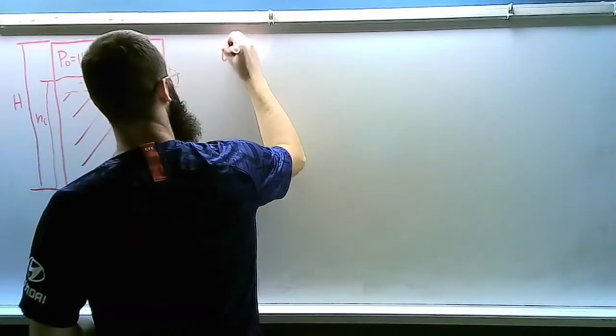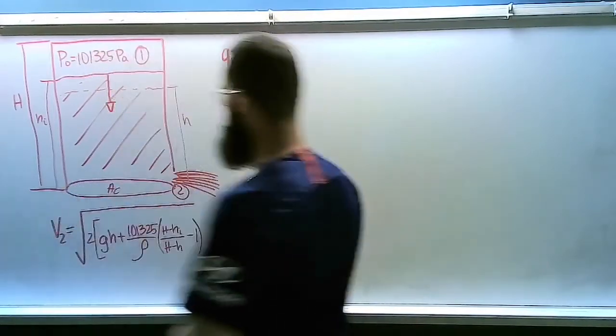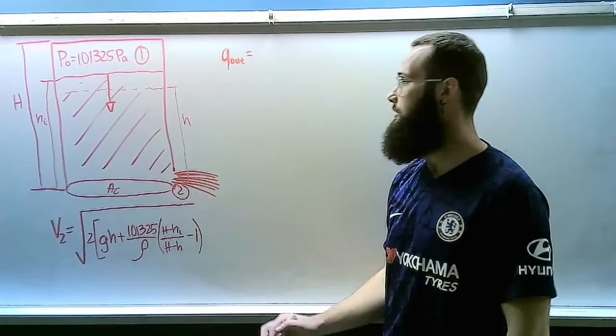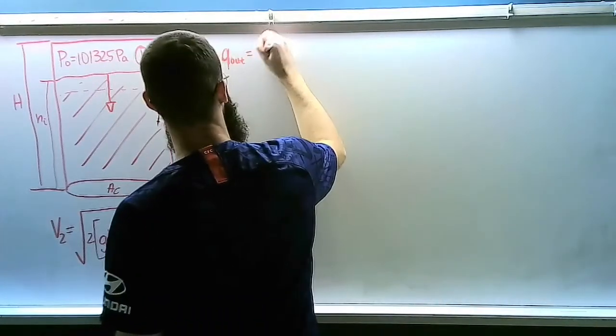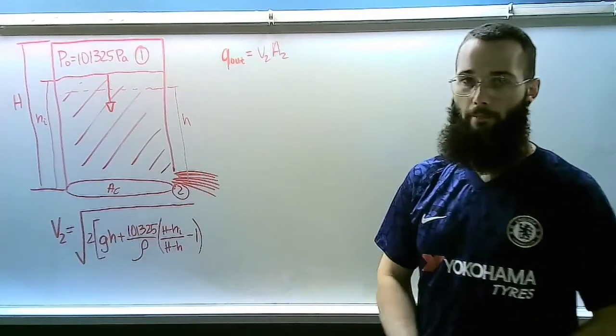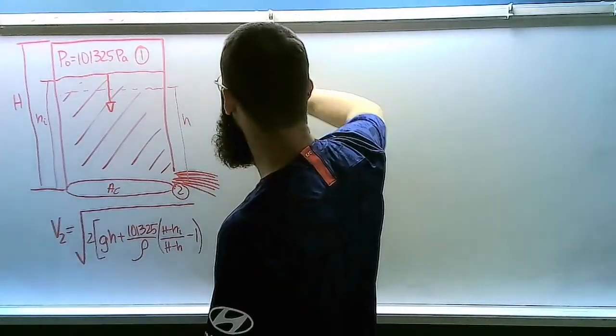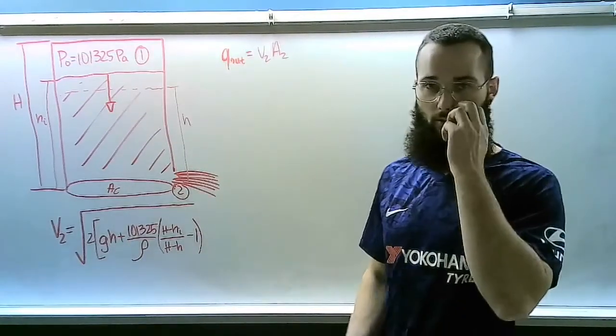So we'll have Q out. The volumetric flow rate at which it leaves the vessel is going to be equal to V2 times A2. But we also need to know how this Q out relates to the fluid level.